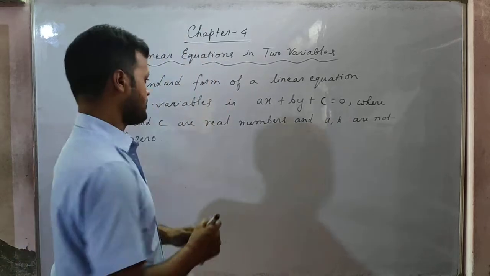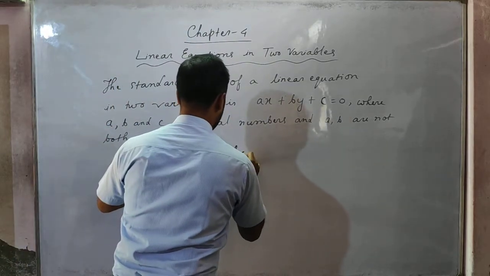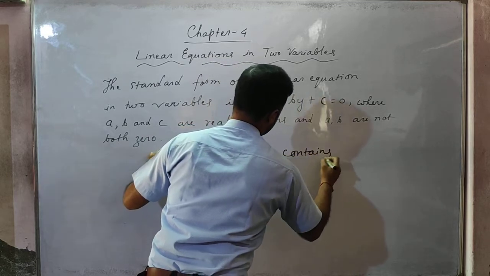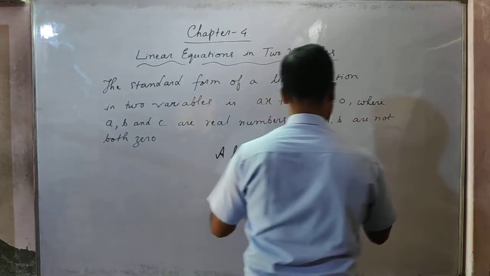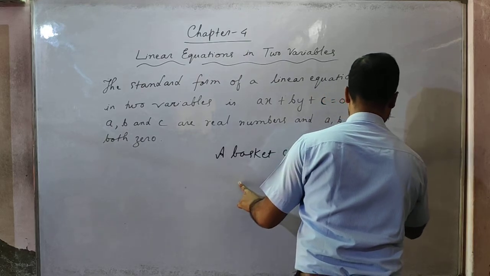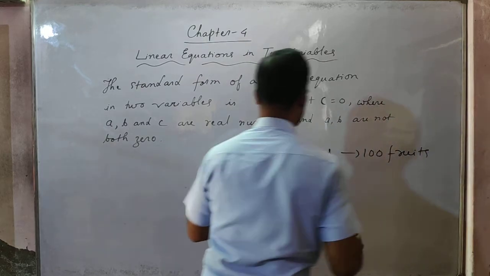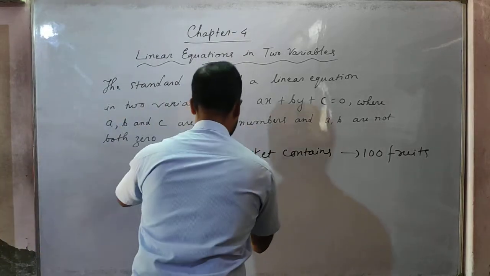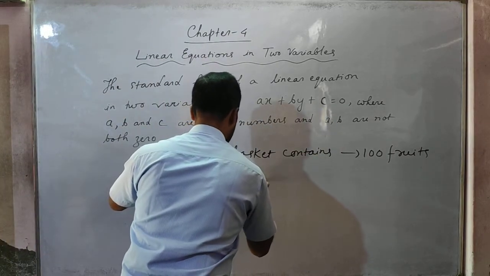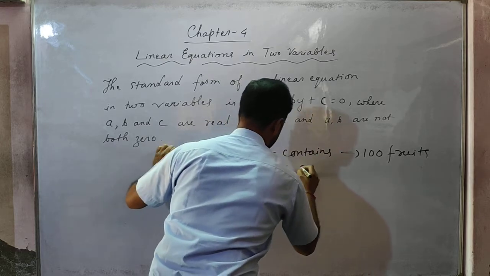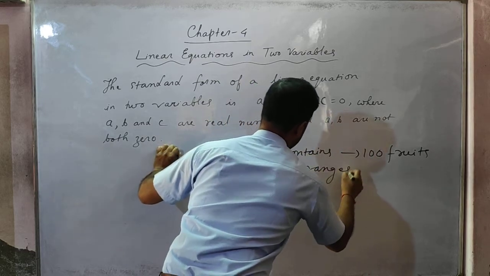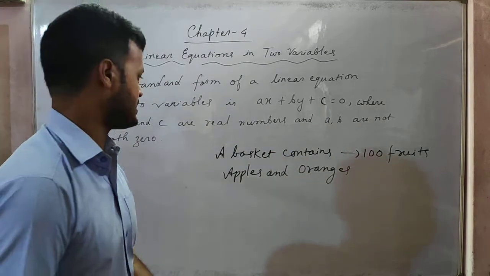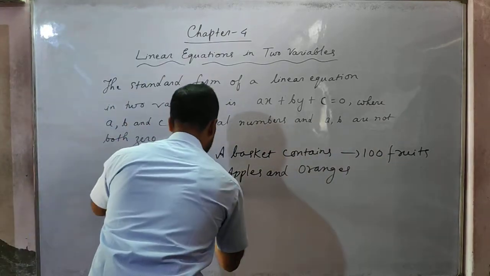Suppose a basket contains 100 fruits, and there are apples and oranges, students. But we don't know how many apples and how many oranges are there. So we can use this equation.